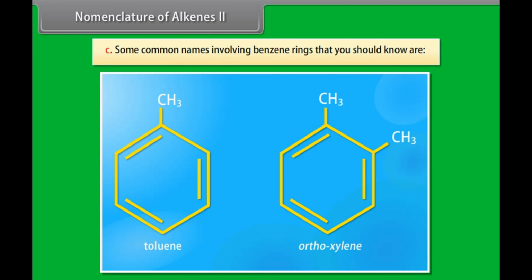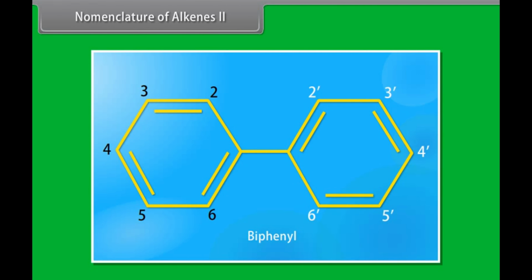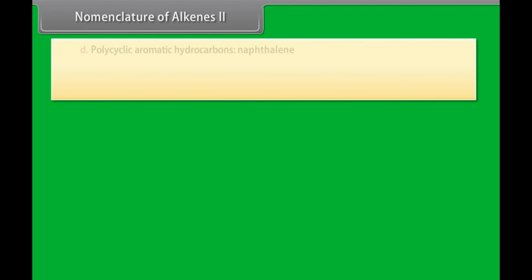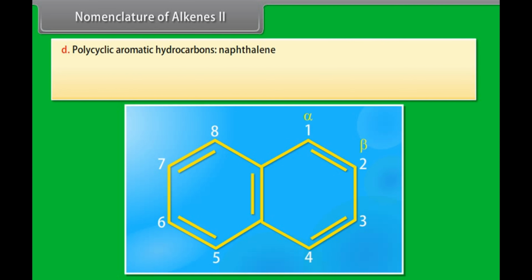C. Some common names involving benzene rings that you should know are toluene and ortho-xylene. Biphenyl. Notice the numbering convention for this compound. D. Polycyclic aromatic hydrocarbons that you should know are naphthalene.